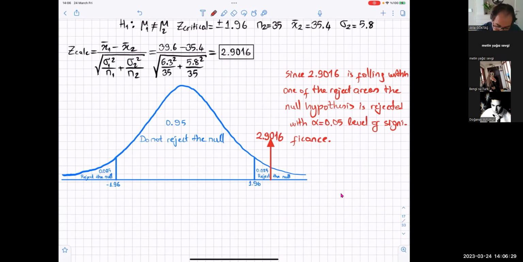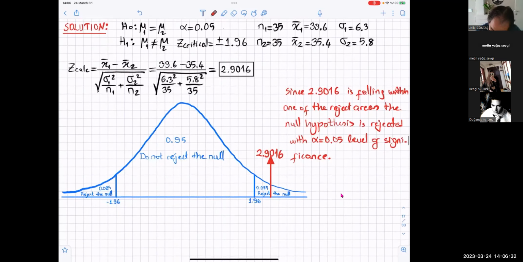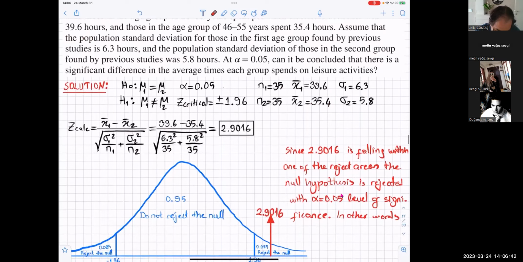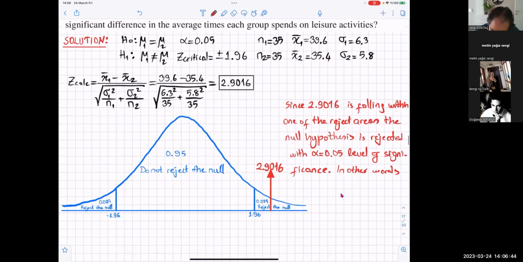Okay. In other words, there is a significant difference.